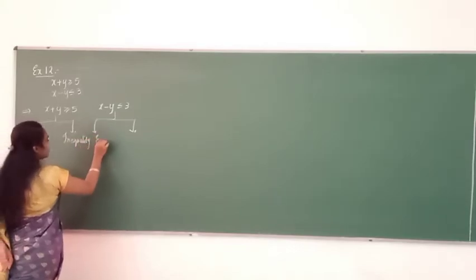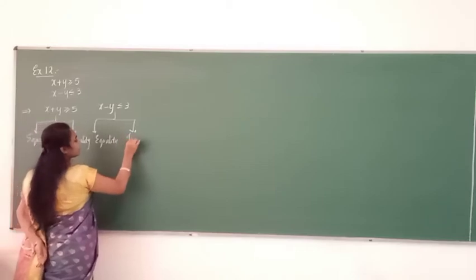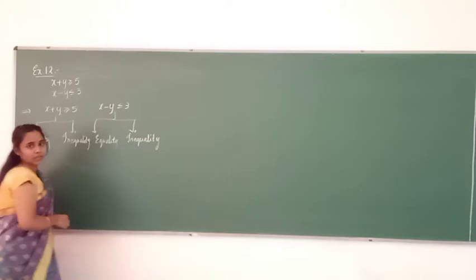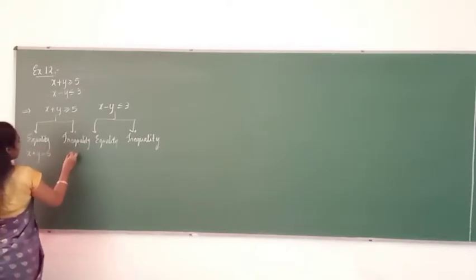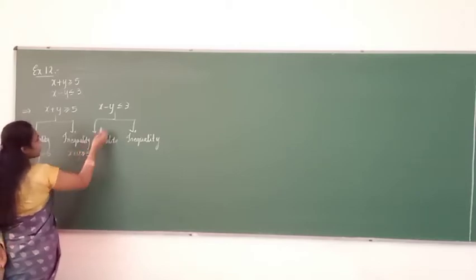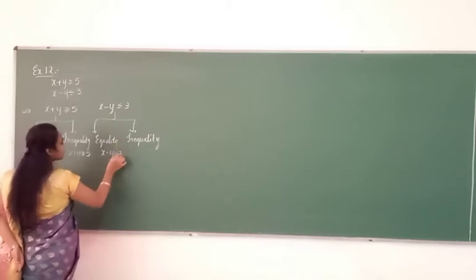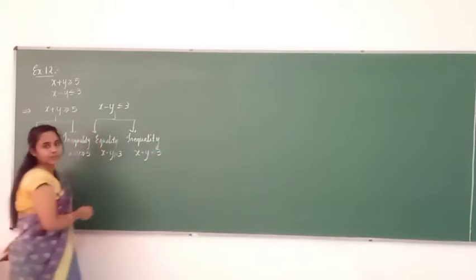Same way, equality and inequality. Now write down the equality for the first, that is x plus y is equal to 5, and the inequality x plus y is greater than or equal to 5. For the second, x minus y is equal to 3, and the inequality x minus y is less than or equal to 3.